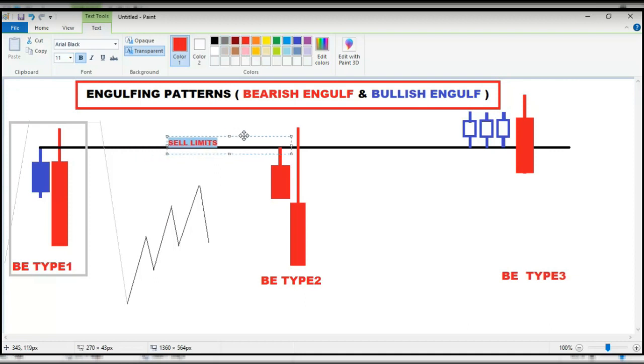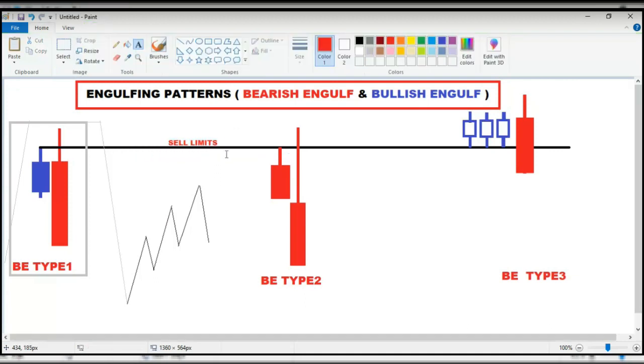So as you can see, price is coming towards your entry point.